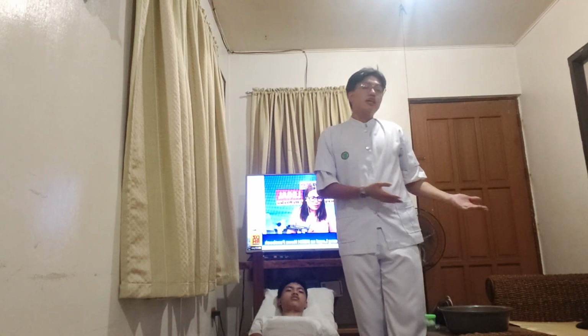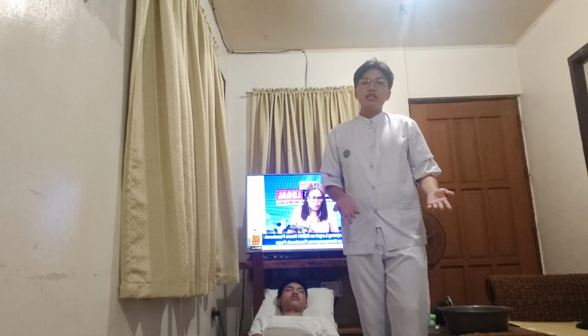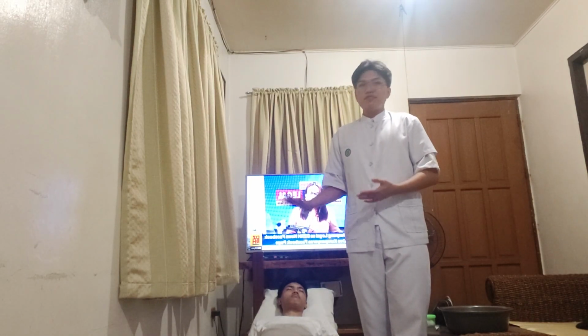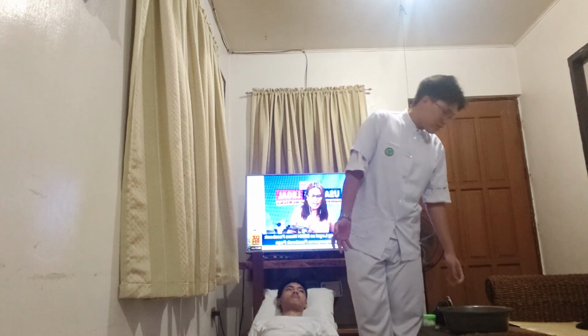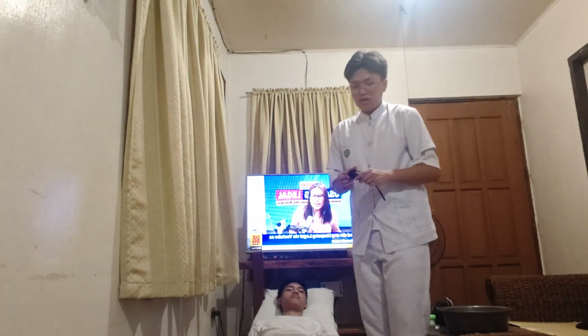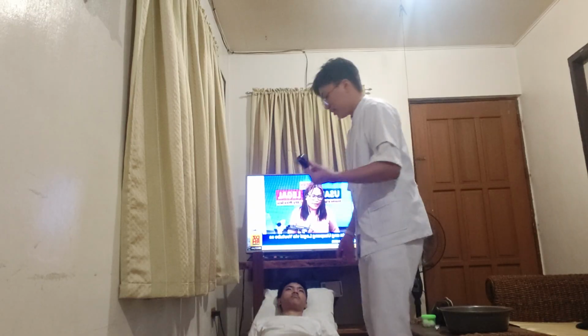Assuming that I already assessed the client and family awareness about the procedure, I'm going to assess the client's vital signs and mobility. First, I'm going to check the patient's oxygen saturation using an oximeter.